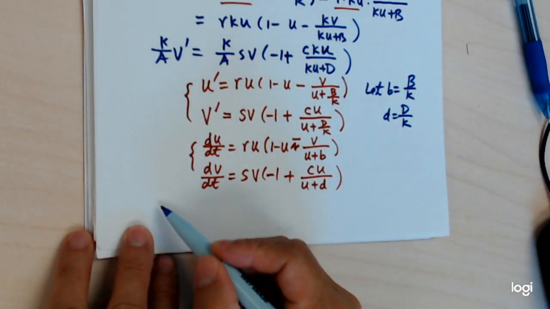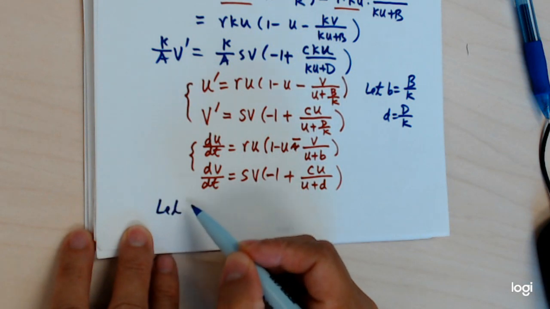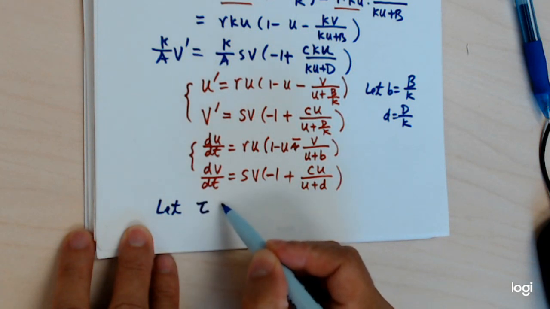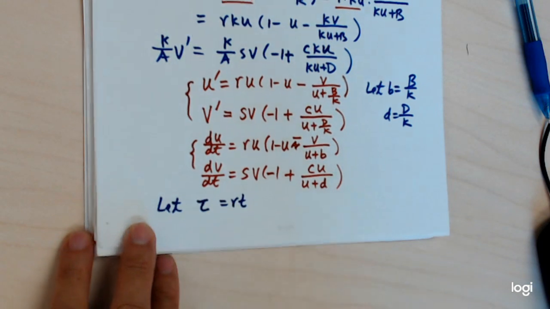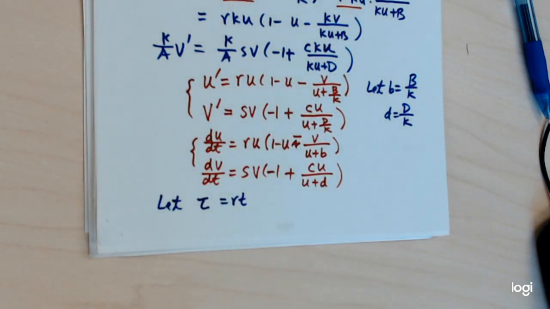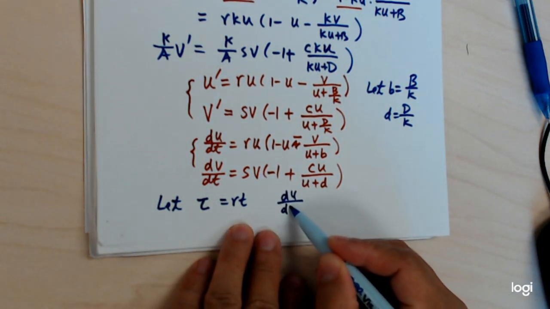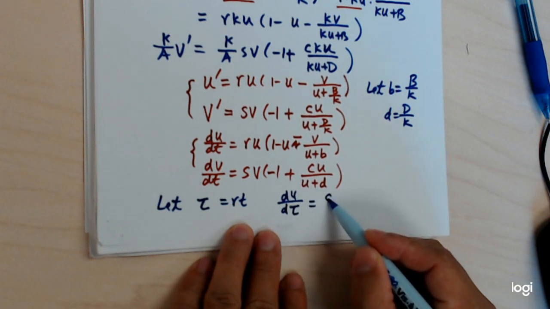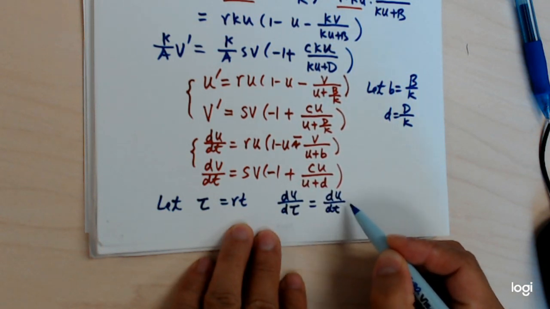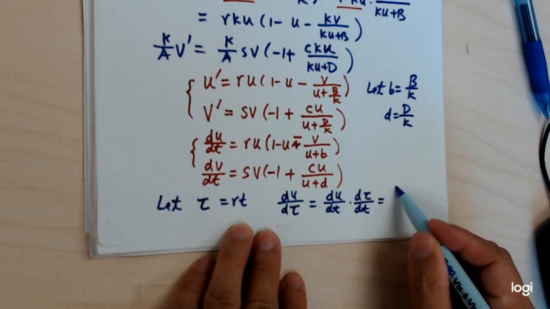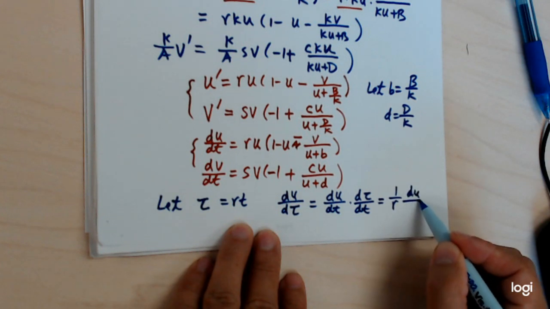So here's what we do. We let a different time, tau, be rt. So we're rescaling this time variable. Using the chain rule, du d tau equals du dt times dt d tau, which is 1 over r du dt.